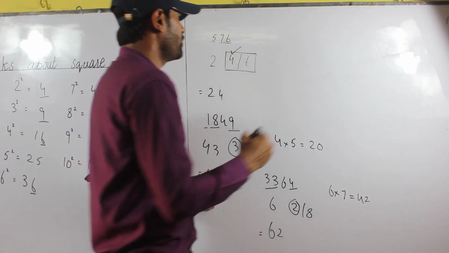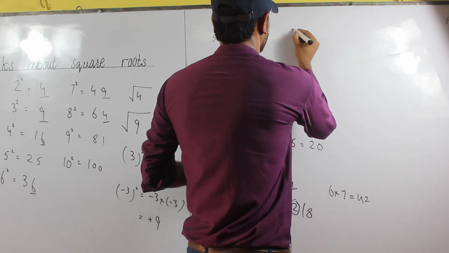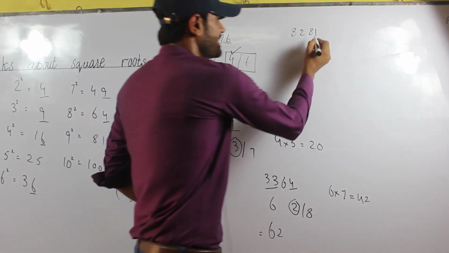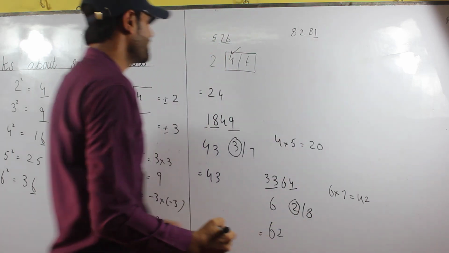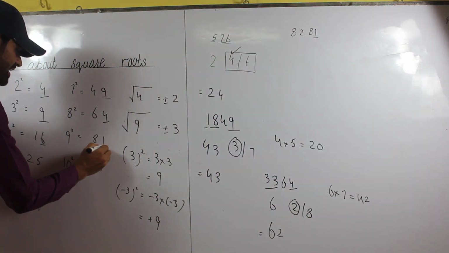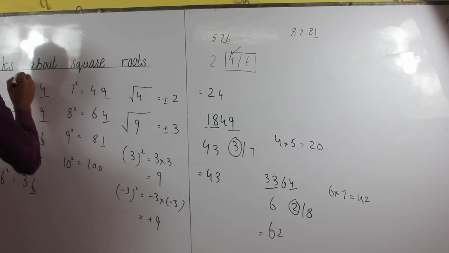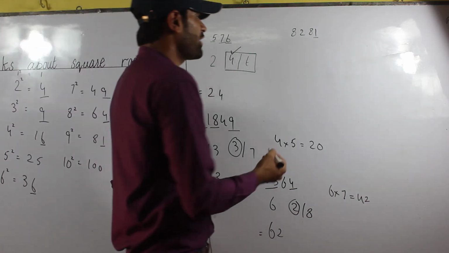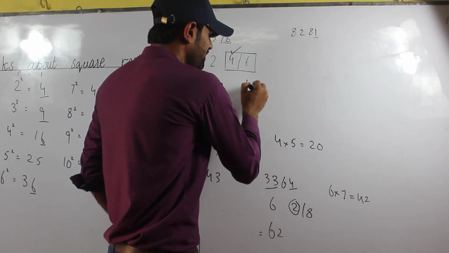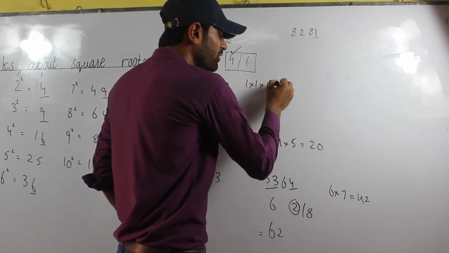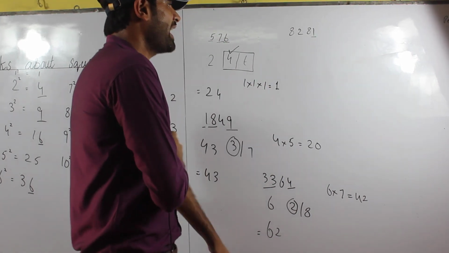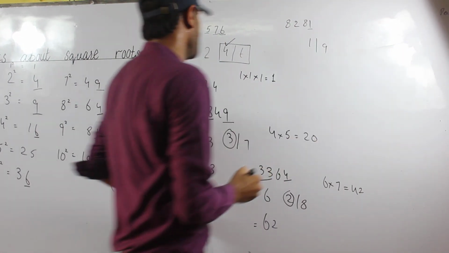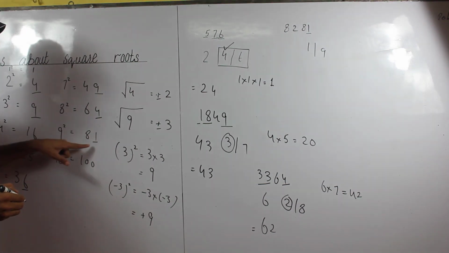Again I take one more example, 8281. The last digit is 1. The square of 1 is 1, because however many times we multiply 1 with 1, we get only 1. So the ending of the number is 1, so here it may be 1 or 9, because the square of 9 is 81.